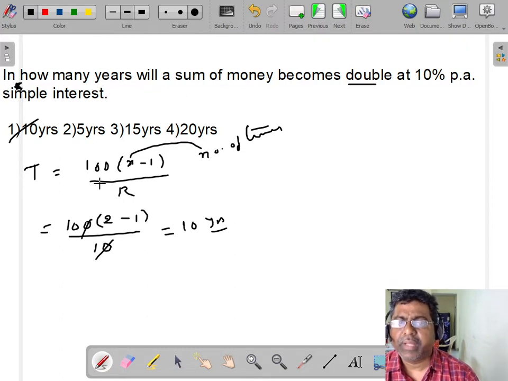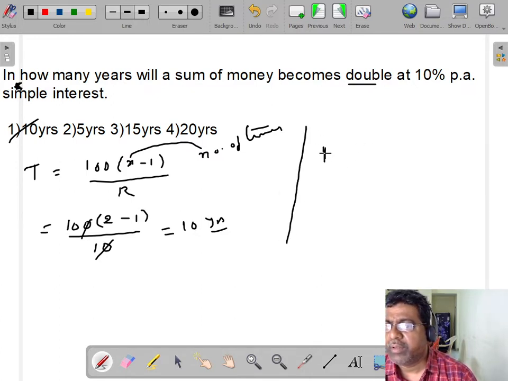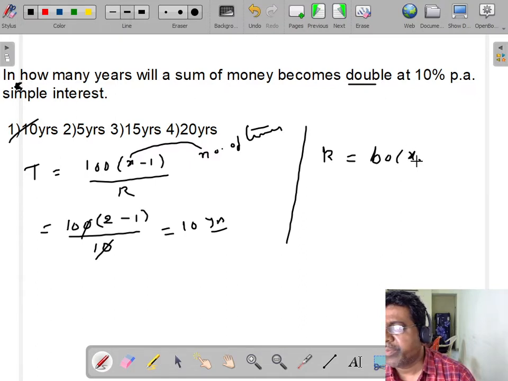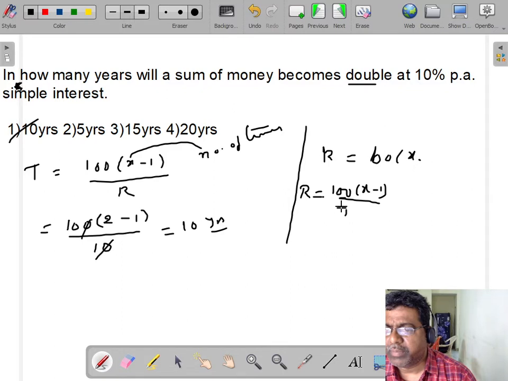Suppose you want to find the r value, then use the formula r = 100 × (x − 1) / t. This is the formula.